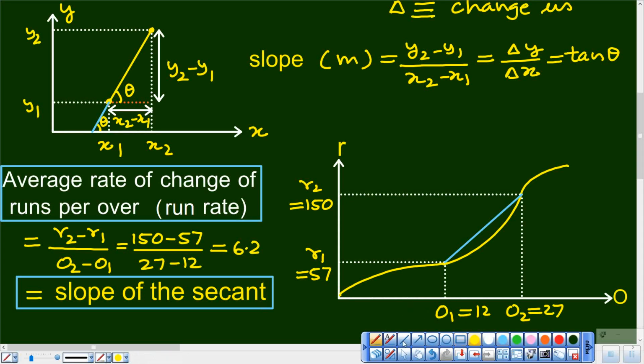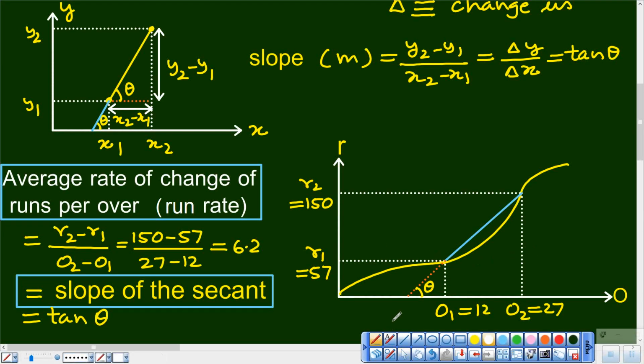Also notice that if I produce this up till the x-axis, and this makes an angle theta, then the same would be nothing but tan theta. So the point that I was trying to drive home here was very important, and that is that the average rate of change is nothing but equal to the slope of the secant.